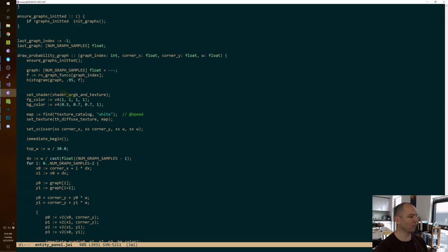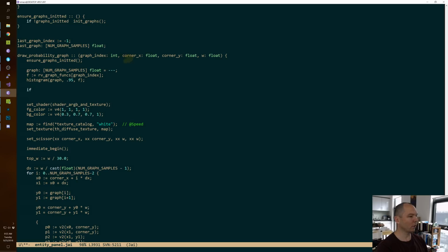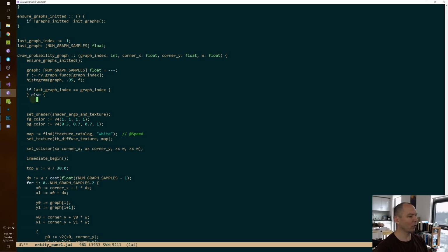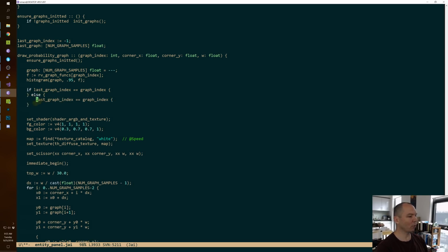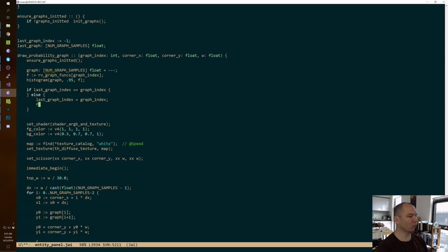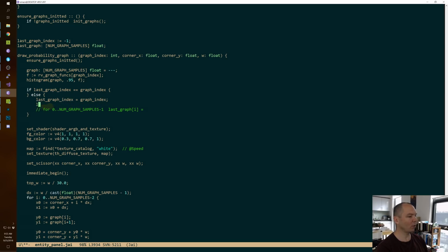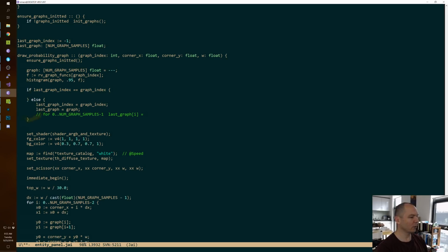So if last graph index is equal to graph index, right? Else, so if we just switched graphs or something, then we assign this. I could do a mem copy here, but I'm just going to dumb copy it. Actually, why don't we just say last graph equals graph? I think that works, right? It should. Maybe it doesn't. We'll see.